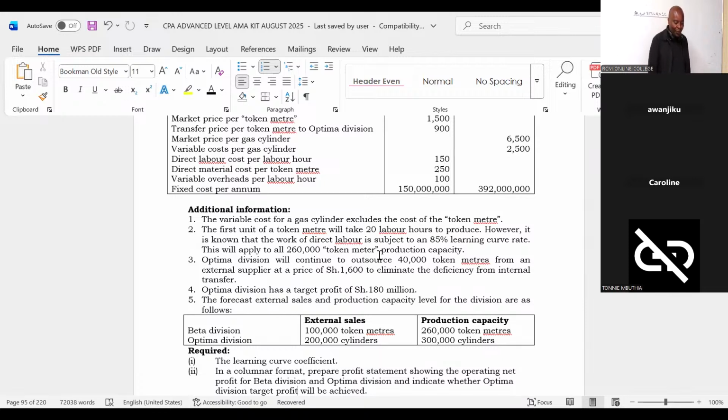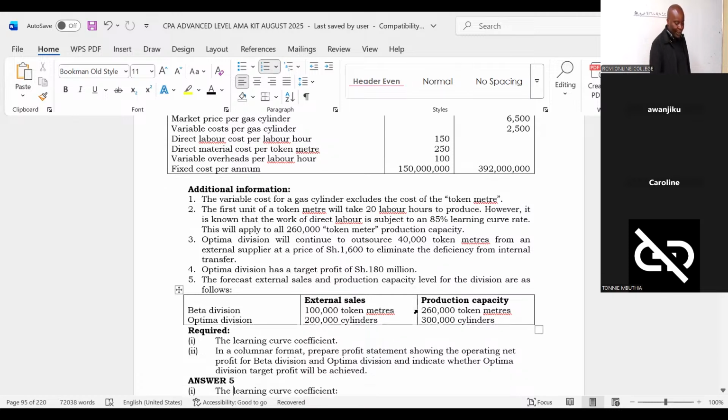The Optima division will continue to outsource 40,000 token meters from an external supplier at a price of 1,600 to eliminate the deficiency from internal transfer. Optima division has a target profit of 180 million. The forecast external sales and the production capacity level for the divisions are as follows.